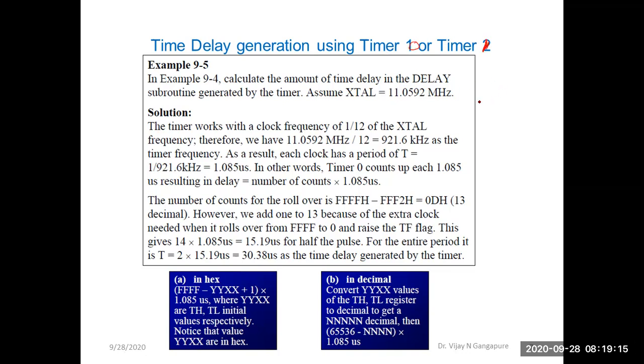For that, FOSC is 11.0592 megahertz, and the initial value loaded into the timer registers, THX and TLX, is assumed to be FFF2, which means FF is loaded into the TH register and F2 is loaded into the TL register. Then what will be the time delay generated using timer 0 or timer 1?